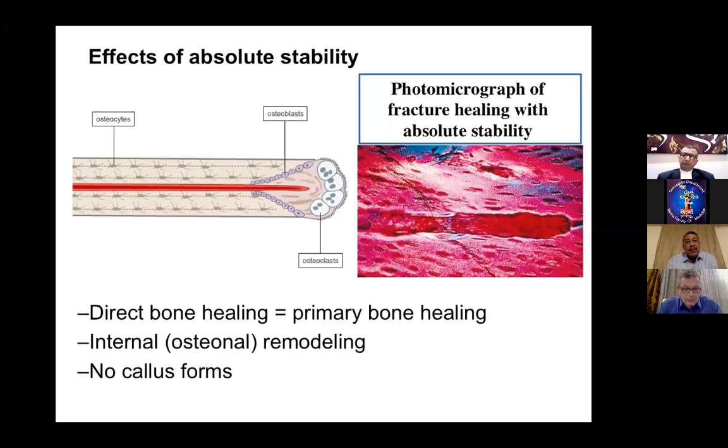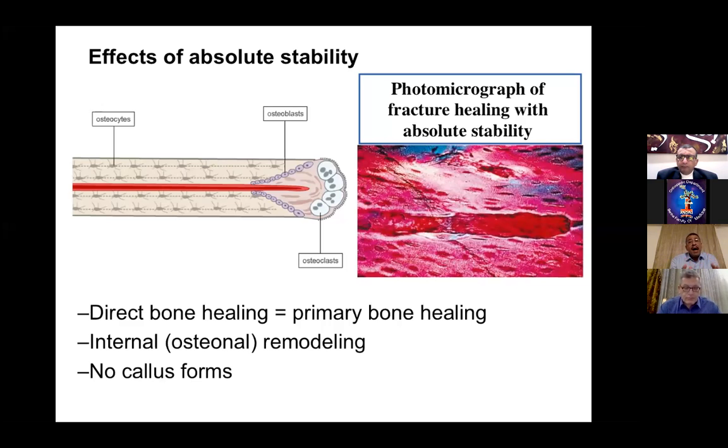You remember, we said the remodeling stage, it starts only after complete stabilization of the newly formed callus, where there is no any more motion between the fracture fragments.